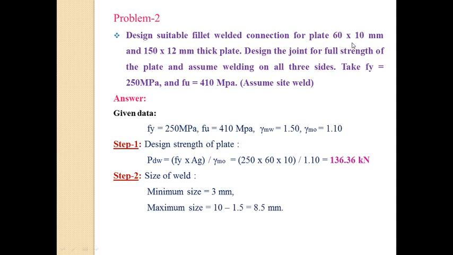For a thickness of 10 mm, 10 minus 1.5 gives the maximum size of fillet weld, that is 8.5 mm. So we can provide the size of weld between 3 mm and 8.5 mm. Let us assume the size of weld is 6 mm, site weld.